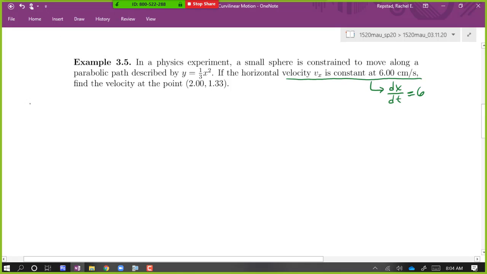So the equation we have to work with is this one right here. If I want the y component, I have to differentiate with respect to time. So if we differentiate with respect to time, we have dy/dt equals, on the other side, this is an implicit differentiation problem, so we're going to use our power rule as usual, 2/3 x, but I'm differentiating with respect to t, and this is an x, so I have to multiply by dx/dt.